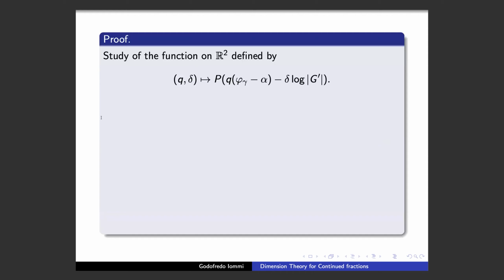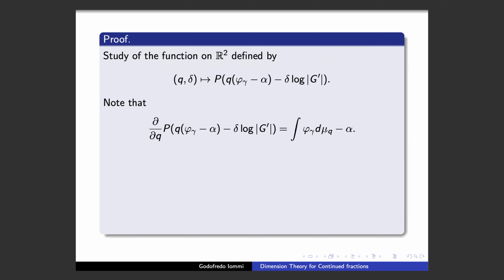Why would you look at a function of this type? Well, the first remark is that if you compute the derivative of the pressure with respect to the parameter q, what you obtain is this integral here, the integral of the function phi gamma with respect to a specific measure, a so-called equilibrium measure, minus alpha.